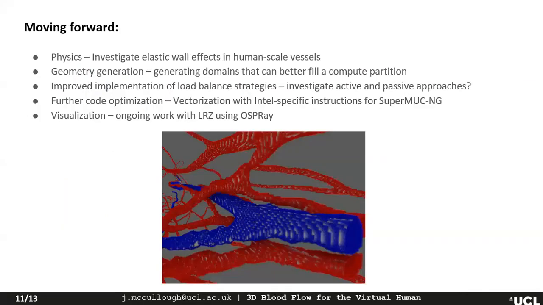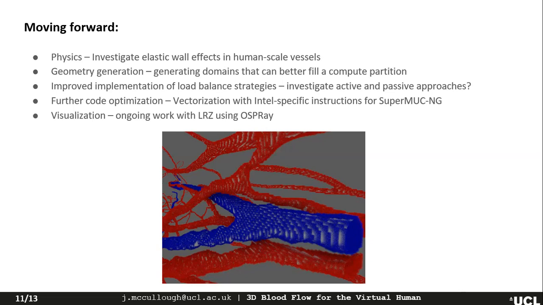So, other things that we need to focus on moving forward. For example, improving various physics aspects of our models, such as including elastic wall effects at our human scales. As I mentioned, geometry generation. There are always performance improvements that could be made in order to get those last few percentage improvements in scaling, particularly at the upper end of machine performance.